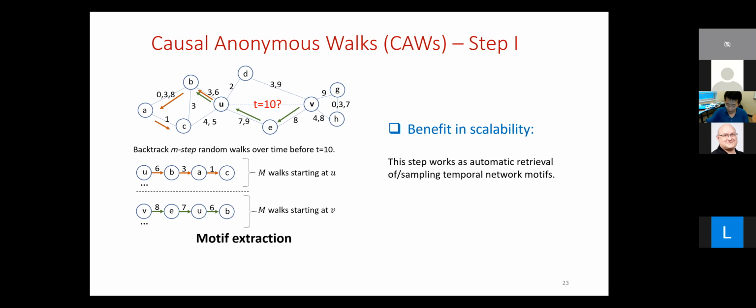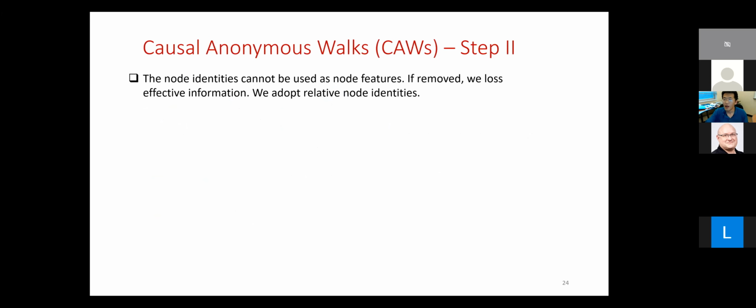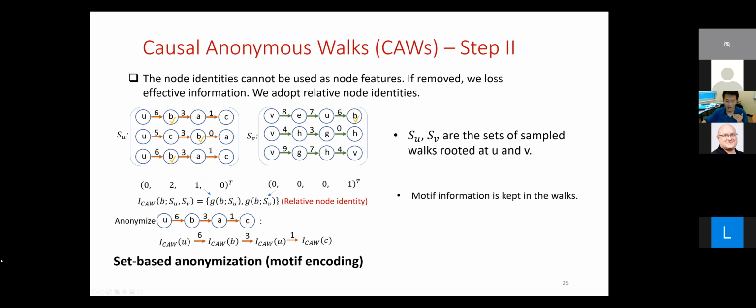The main difference between CAW and AW is not this part. The main difference is the anonymization part. AW does anonymization for each walk independently.